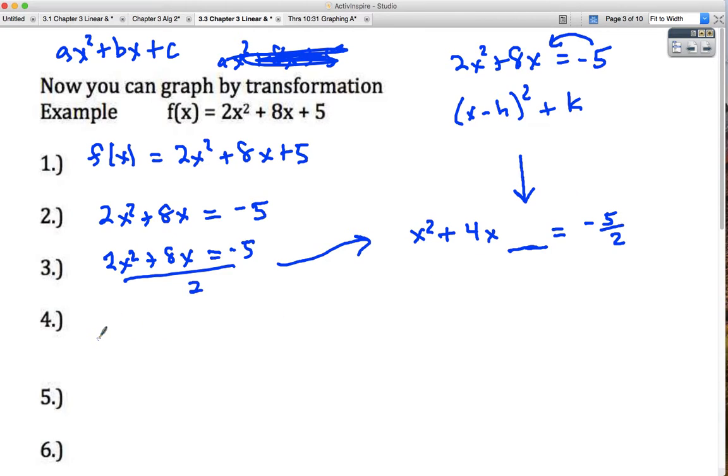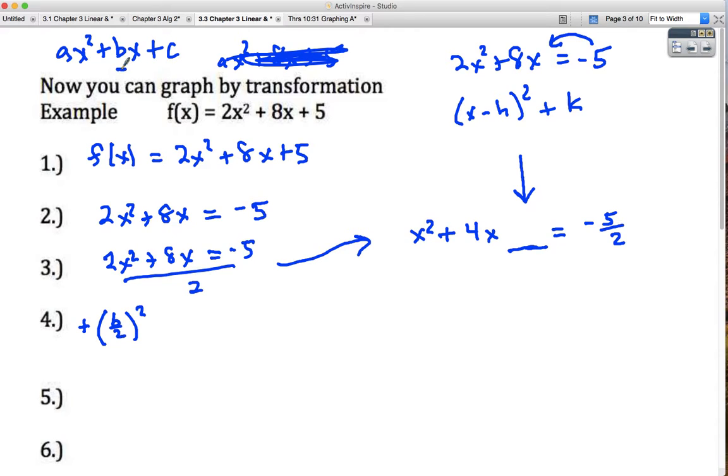So let's go ahead and see what we have to do to complete the square. In order to complete the square, I'm going to add b over 2 squared to both sides. Now, if you look closely, this is the b value, here's ax squared plus bx plus c.